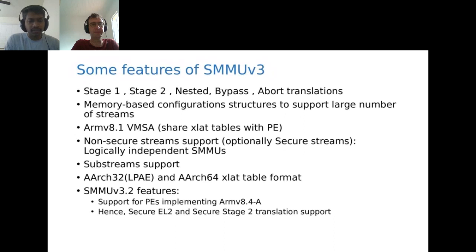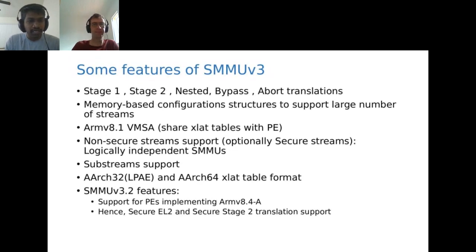Every feature of SMMU V3 is configurable at boot time using system registers. The way it translates is controlled through memory-based configuration structures. This makes it ideal to support a large number of translation contexts.